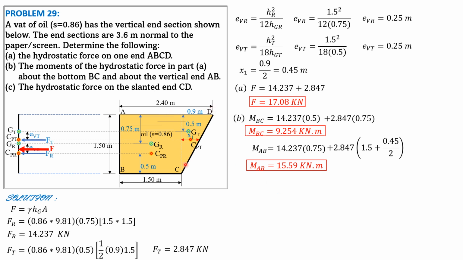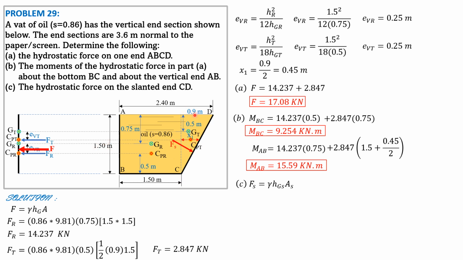Then the hydrostatic force on the slanted side CD. Remember this is rectangular, it just happens that it is inclined. The length of this is square root of 0.9 squared plus 1.5 squared, and the width perpendicular to the board is 3.6 as mentioned here. So Fs is gamma times h-bar times area, where h-bar, because this is a straight line, is 0.75, half of 1.5.